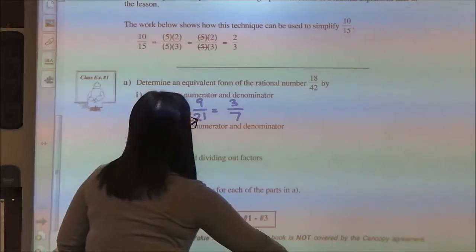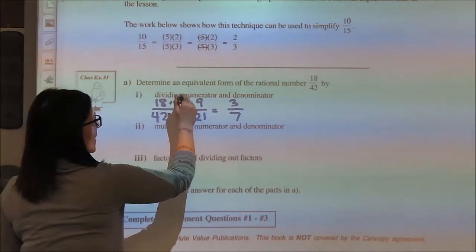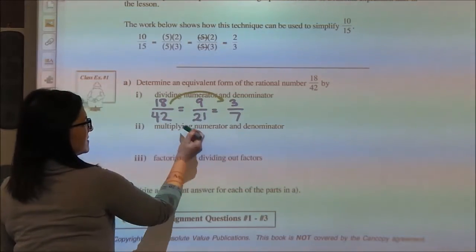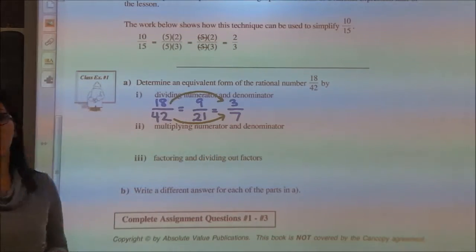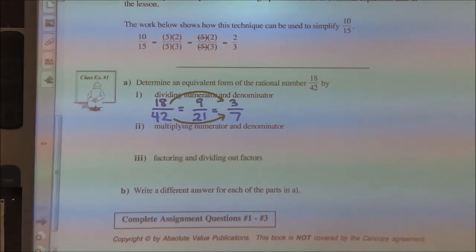The other thing that I could do too is I could divide by 6 and just skip to the very end. The process isn't the important piece in this question. It's being able to successfully reduce to 3/7. And if that takes you 2 steps, then that's fine.